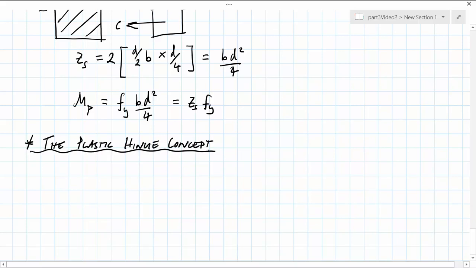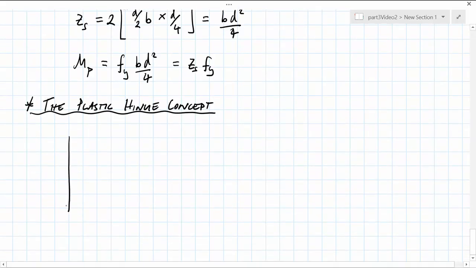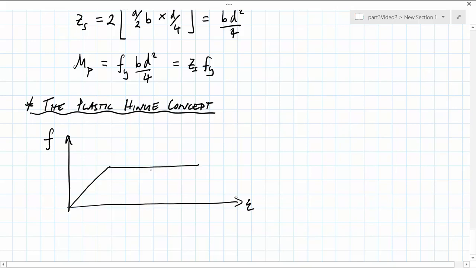At full plastic section capacity, rotations are indefinite and lead to no further increase in moment capacity. As we showed earlier, the stress-strain curve is idealized in the following way, where beyond the yield stress, it's perfectly horizontal.